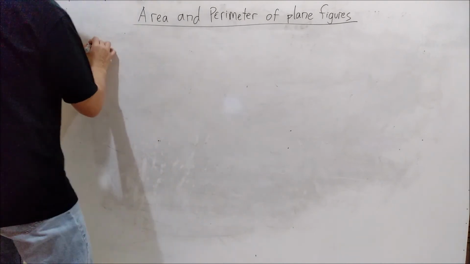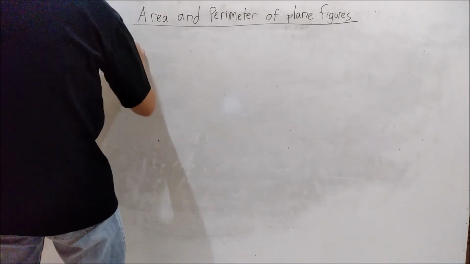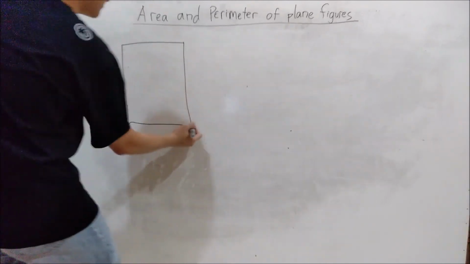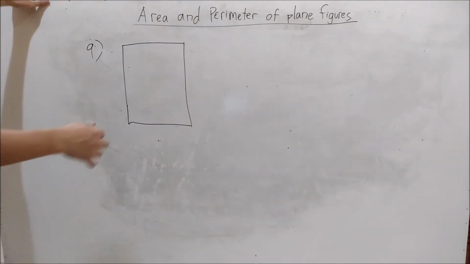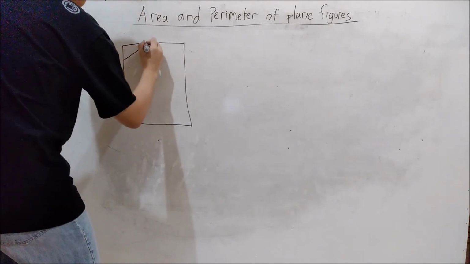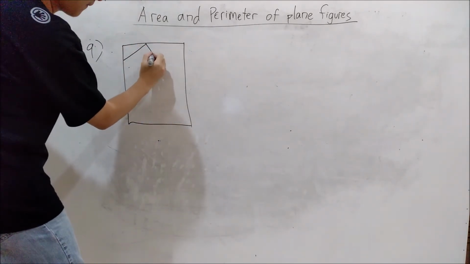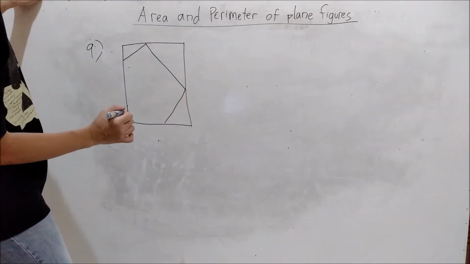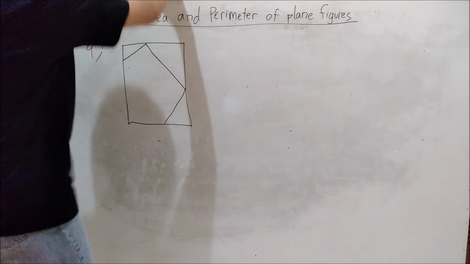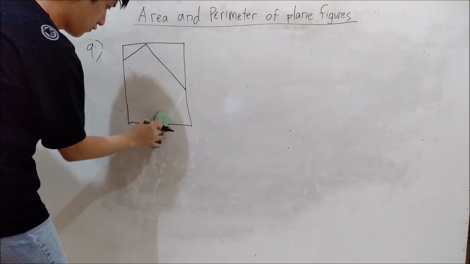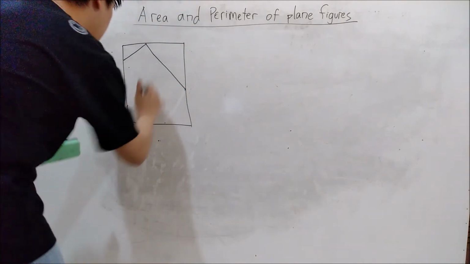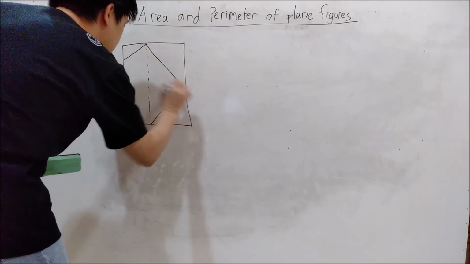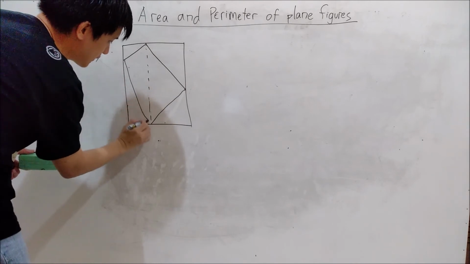Okay, so in number 9, we have a rectangle of some sort, and then we have this shape inside. It will be something like this and something like this.